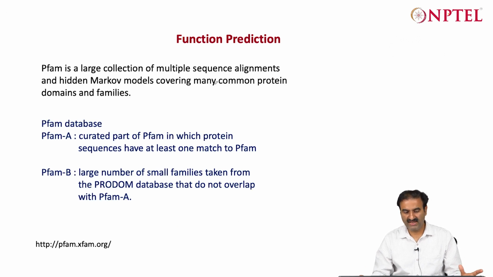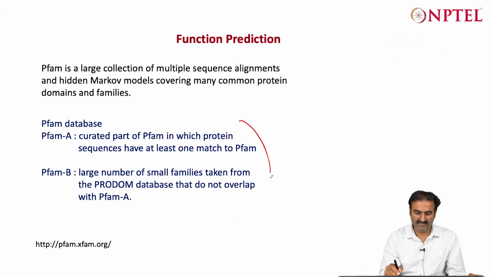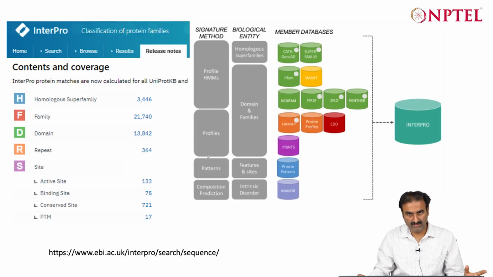As I mentioned, Pfam A and Pfam B are the two databases, and generally Pfam A is used, and Pfam B is the database of small families. So how to search it these days? There is InterPro, or InterProScan, a comprehensive software to search multiple databases, such as Pfam or PROSITE.